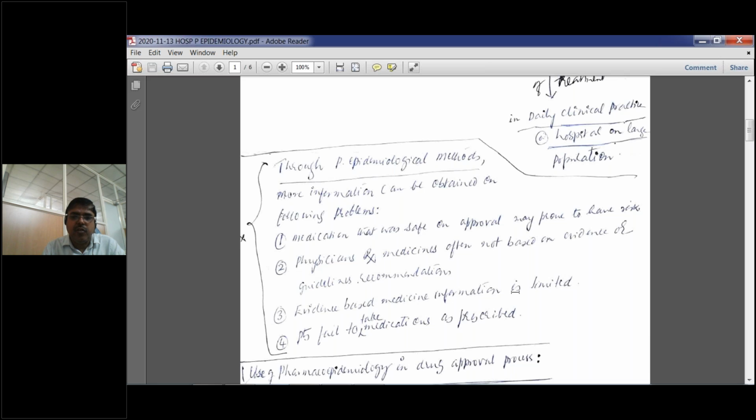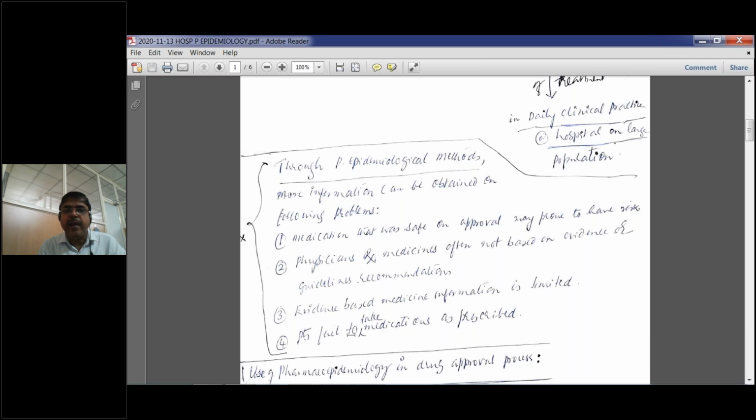But such information is limited or not complete. So pharmacoepidemiology helps to get that information. That is why this is very important in the hospital setup.